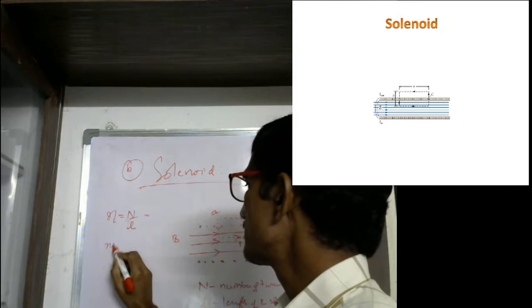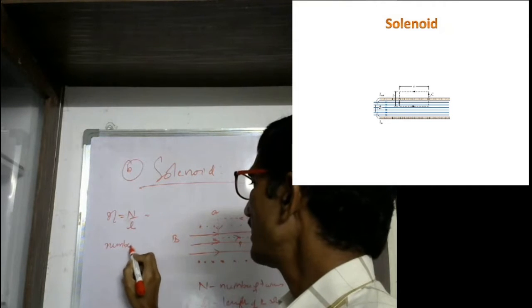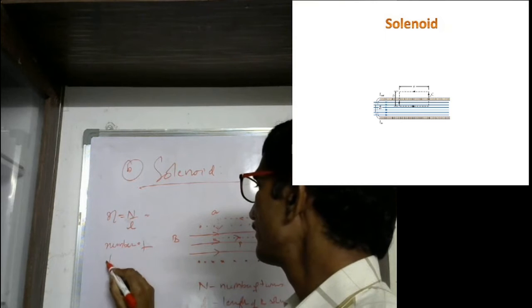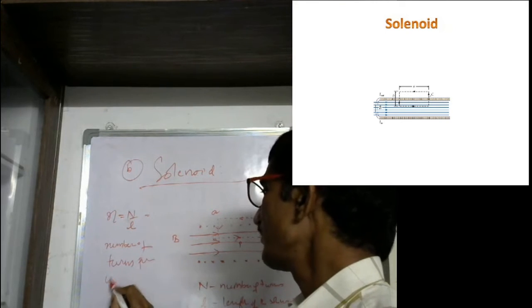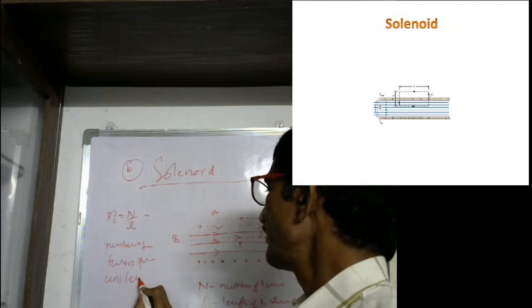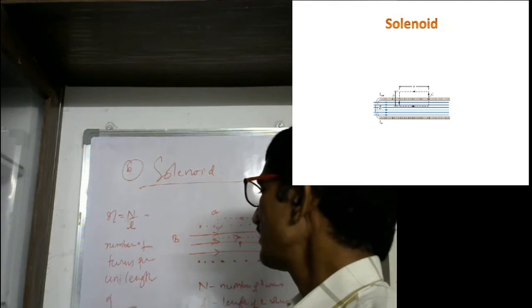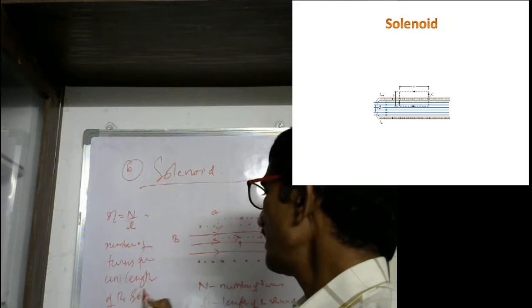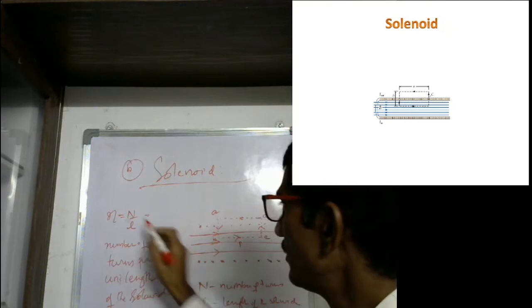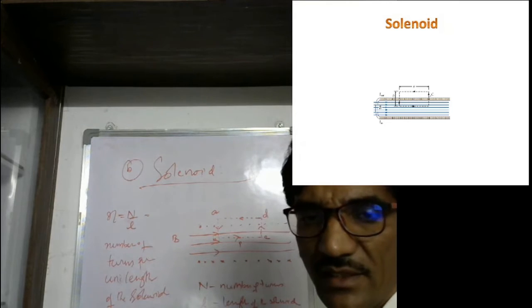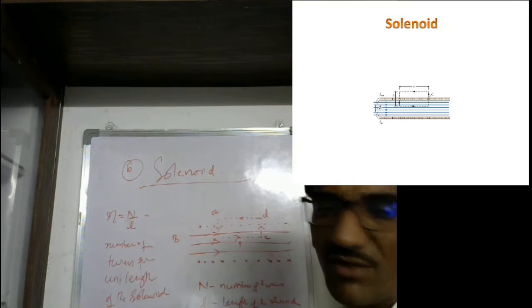What is this? Number of turns per unit length of the solenoid. Because total turns by total length gives, per unit length, how many turns are there.